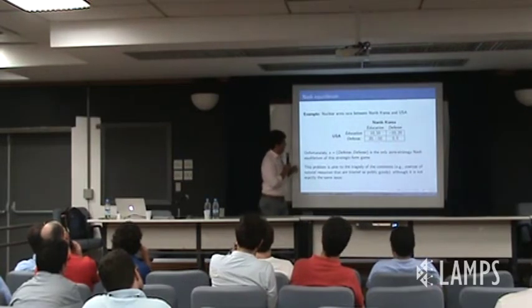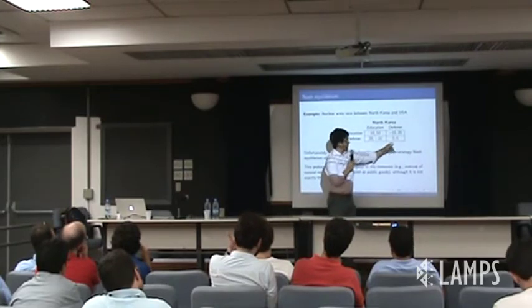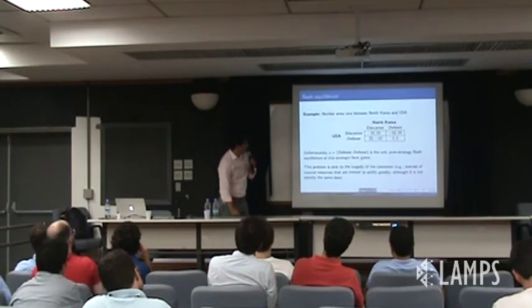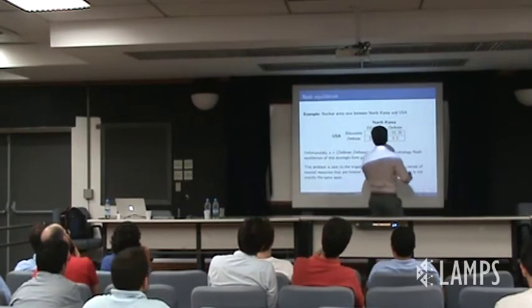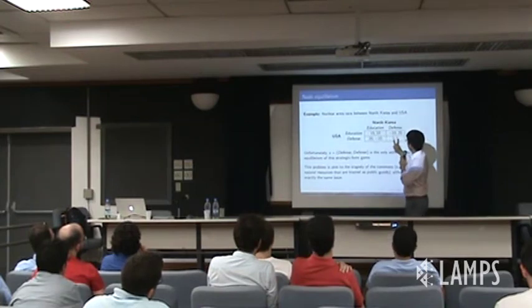Here, the only Nash equilibrium of this game is this. This is the only point that meets that definition. And that point is not Pareto optimal. It's a Nash equilibrium, but it's not Pareto optimal, because if these countries could coordinate, they could both be better off.